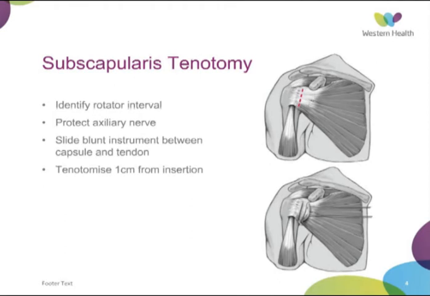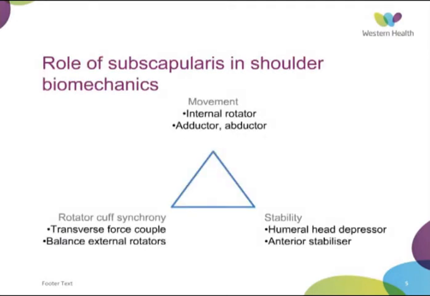But as the junior registrar's knife passes through the tendon, take a moment to think about the function of the subscap and the potential consequences of performing that tenotomy. So, the role of subscap isn't just a simple internal rotator for the rotator cuff.